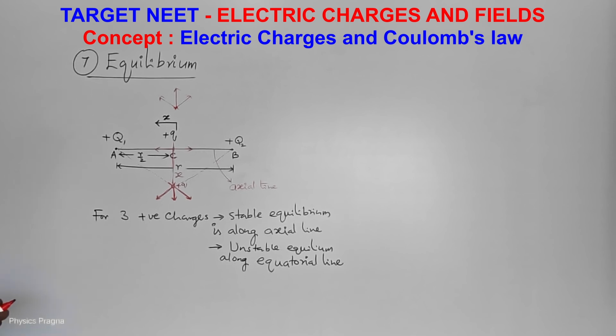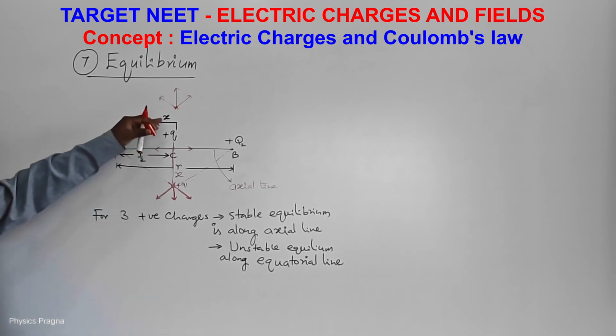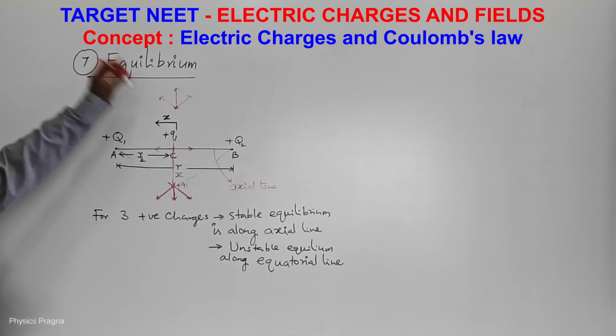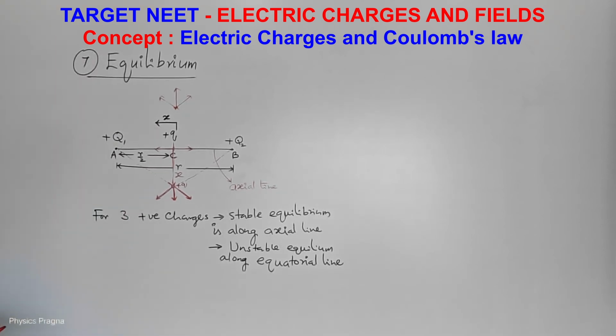So if three positive charges are in equilibrium, then stable equilibrium lies along the axial line, and unstable equilibrium lies along the equatorial line. If you disturb like this, it will be deflected away, it won't come back.